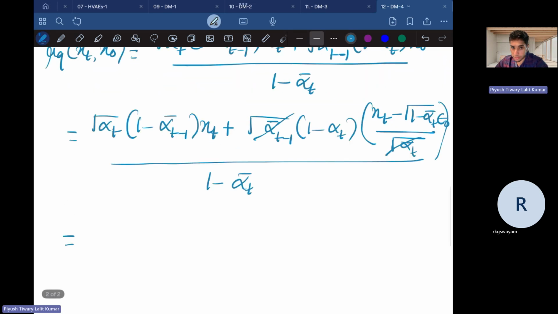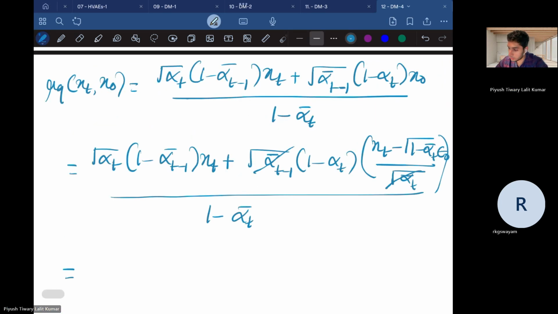Oh wait, sorry. So this is alpha t and this is alpha t minus 1 bar. So we cannot directly cancel it. So this thing is alpha t bar, right? Alpha t bar can be written as alpha t into alpha t minus 1 bar, right? So now we can cancel this thing and this thing.